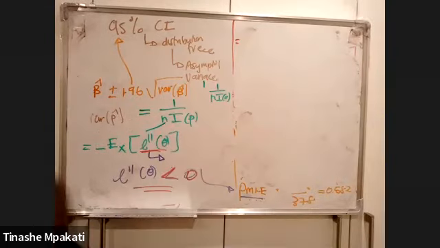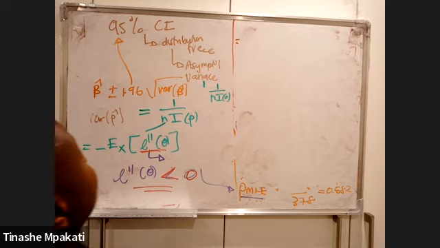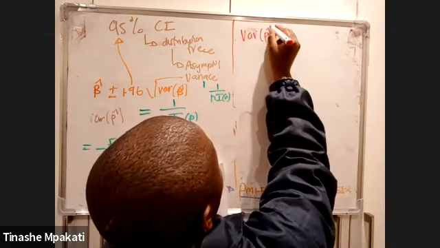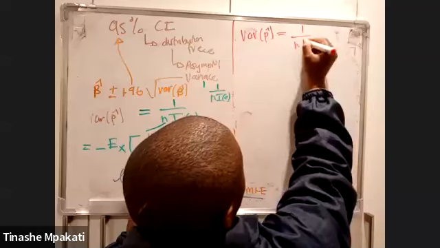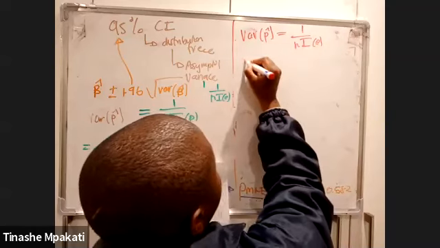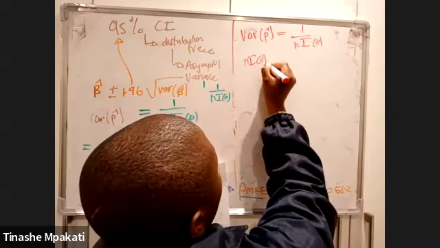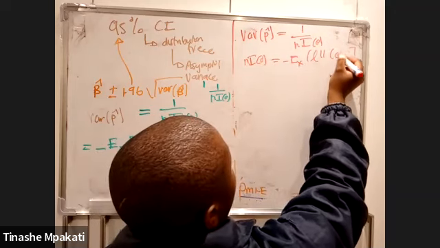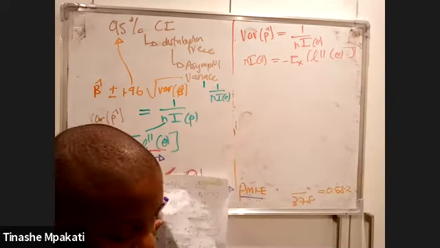So what we now have is that we want the confidence interval for our parameter P, and this requires us to find the asymptotic variance of our P, which we said is 1 over n times this, and this is simply equal to the negative expectation of the second derivative of our log likelihood function.